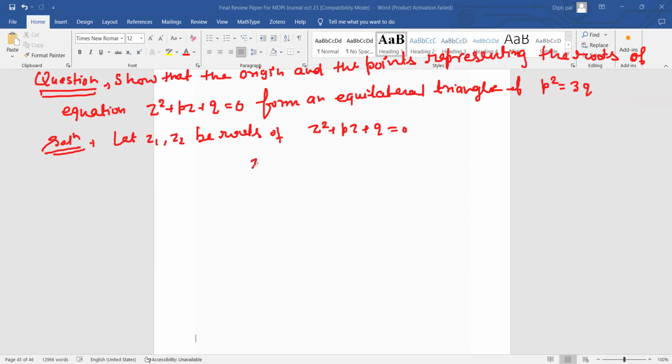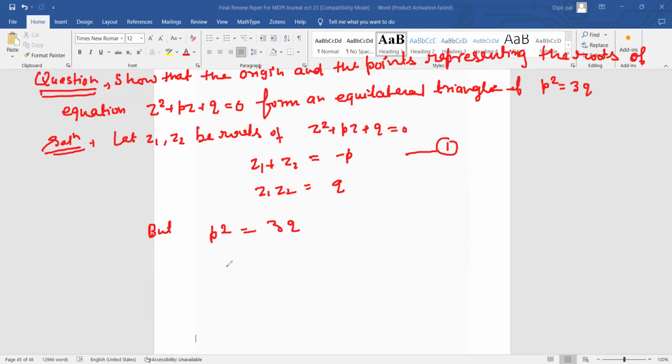We know the sum of roots: Z1 plus Z2 equals minus B upon A, that is minus P. And the product of roots, Z1 Z2, will be C upon A, that is Q. But it is given that the condition for an equilateral triangle is P square equal to 3Q.